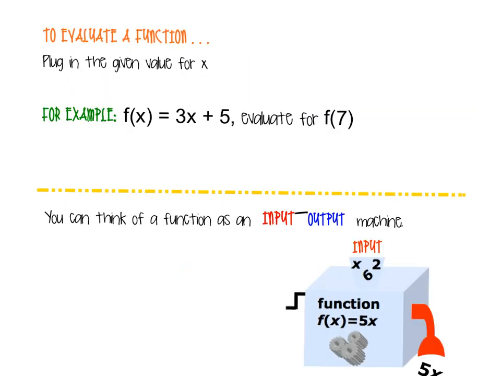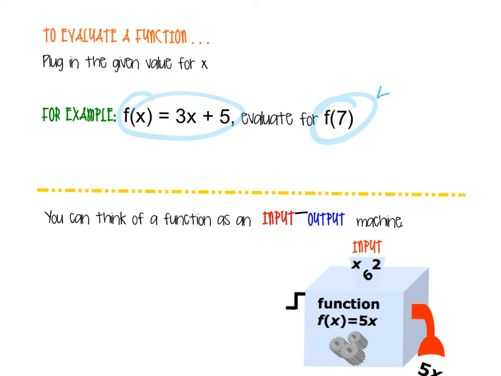Alright, so now we're going to jump into the other type of evaluating that we're going to talk about, which is evaluating things in function notation. Basically, here's your function rule: f of x equals 3x plus 5. And then we want you to find f of 7.